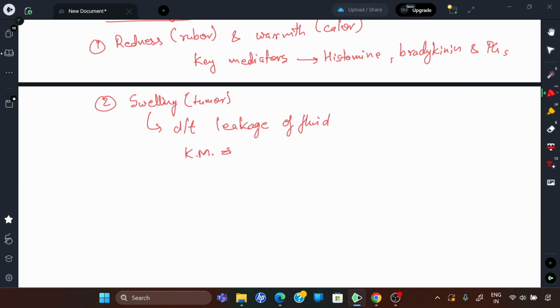The key mediators are histamine and tissue damage, which disrupts the endothelium. What histamine does is it helps separate the endothelial cells, right? So this is the second cardinal sign, swelling, which is due to leakage of fluid, and the key mediators for swelling are histamine and tissue damage that would disrupt the endothelium.